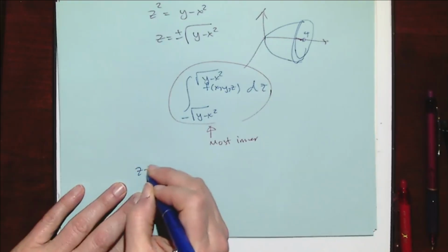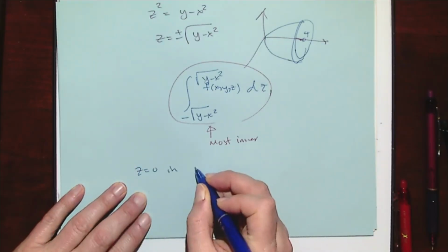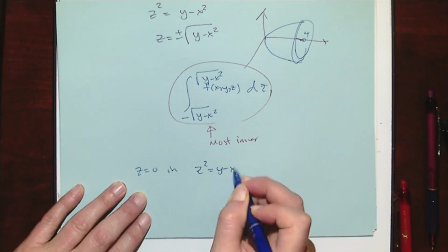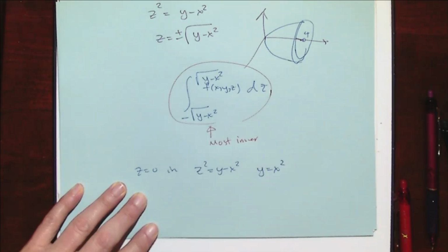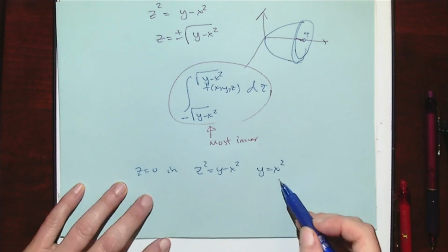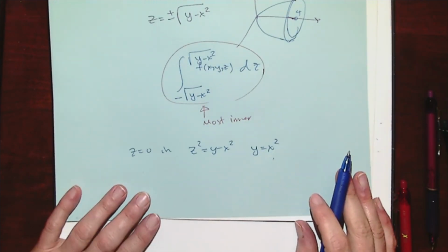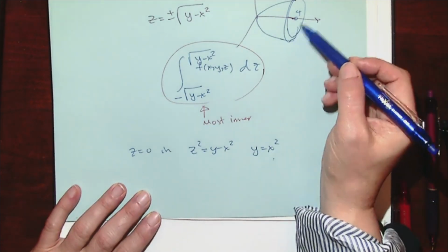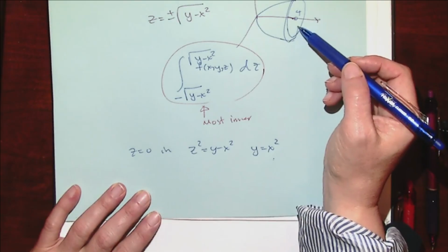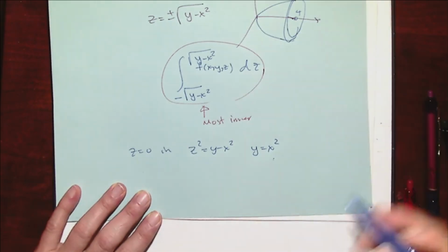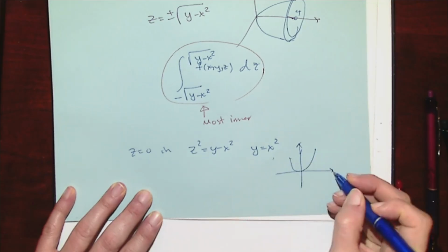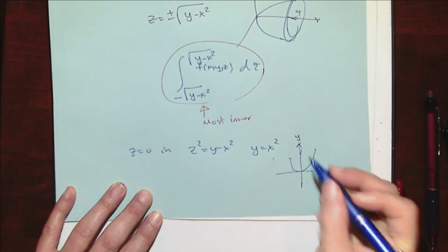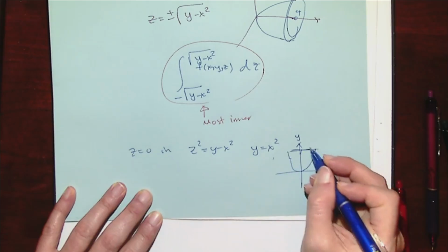Set z equal to 0 in z squared equal to y minus x squared, and you get y equal to x squared. Agreed? That's one of them, right? But you see that it got cut off at y equal to 4. So the shape is, that's x, that's y, and it's cut off at y equal to 4.